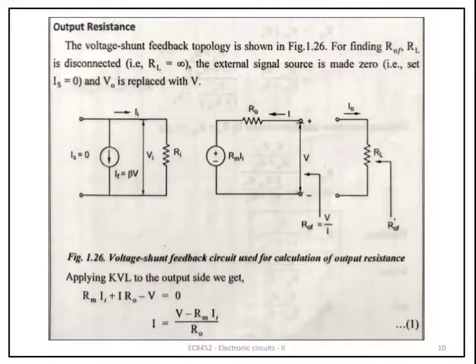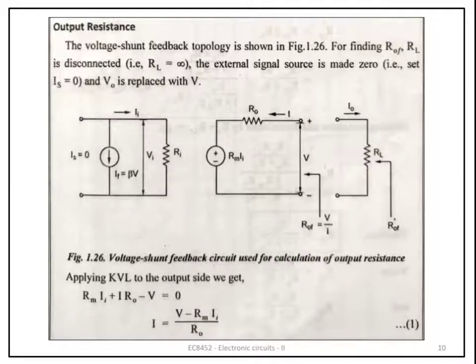Let us look into the output resistance. The voltage shunt feedback topology for finding R output is shown. To calculate the R output, RL is disconnected, that is, R load is equal to infinite.